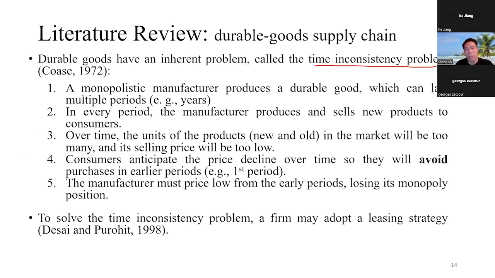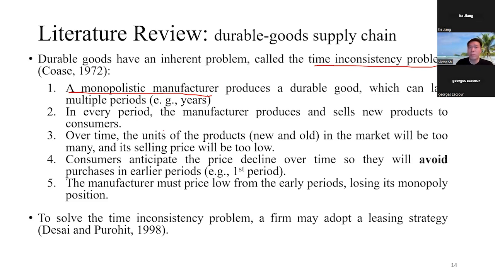Suppose there's a monopolistic manufacturer or retailer. The manufacturer produces a durable good, which means it can last multiple periods. Suppose the product can last 10 years. Let's say a model of car can last 10 years, right?